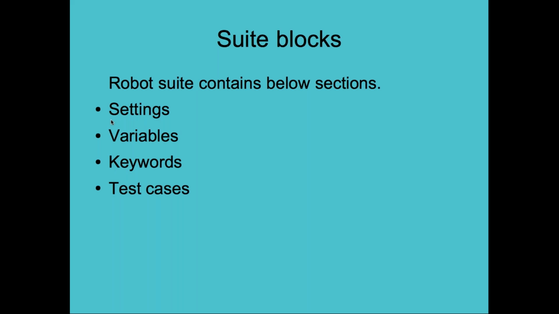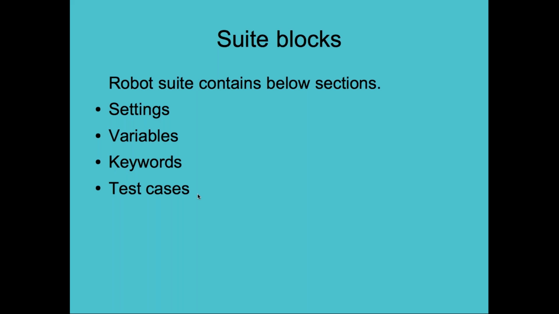It will be like settings. There will be one settings block, variables, where you can define variables, keywords, and test cases. These three, settings, variables, and keywords, are optional. It's not mandatory to define all three sections in the robot suite. Either you can define them or not.